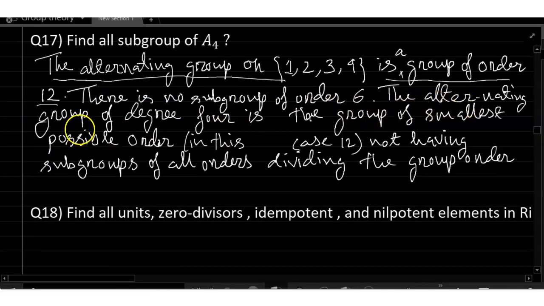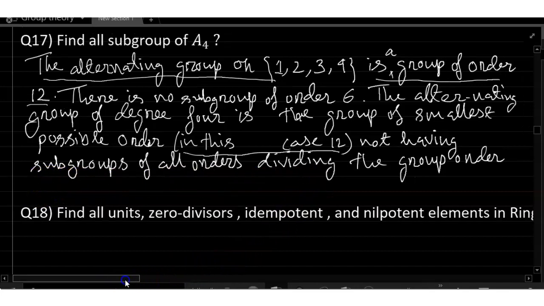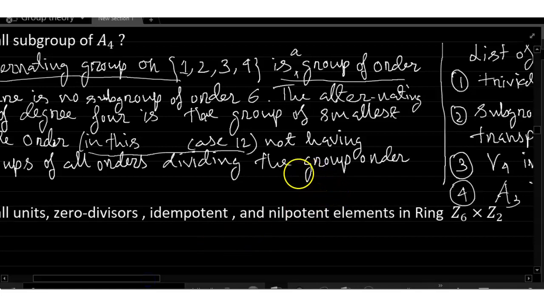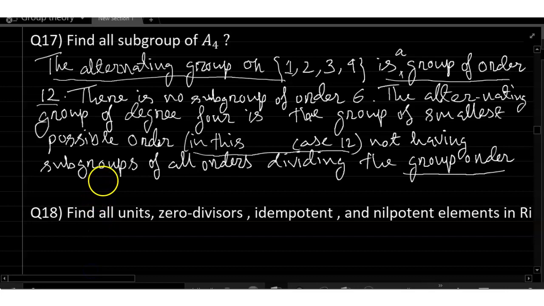The alternating group of degree 4 is the group of smallest possible order, in this case 12, not having subgroups of all orders dividing the group order.